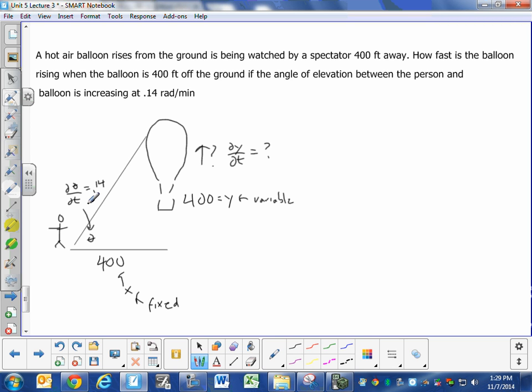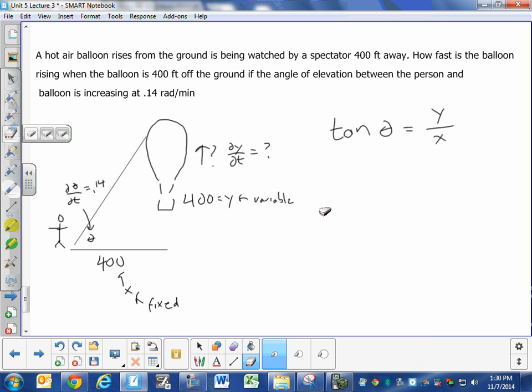All right, so I need dy dt. I have an x, I have a y, and I have an angle. Best trig function I can think of to use to do this would be to use tangent again. Tangent of an angle is equal to my opposite side over my adjacent side. Well, this 400 is fixed. This x distance is fixed.